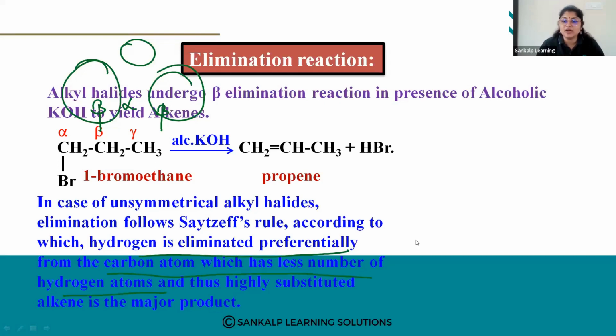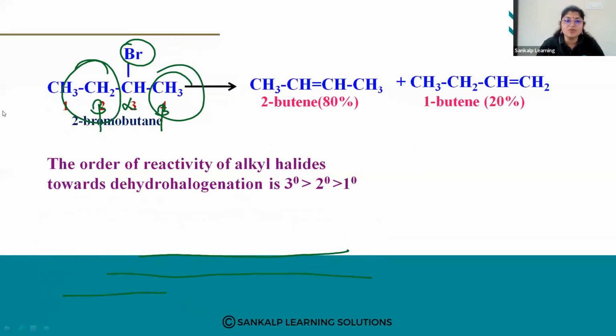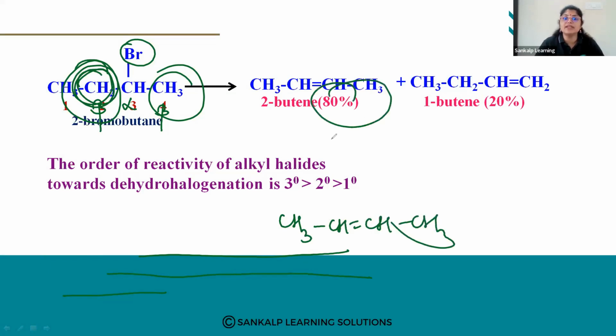Just apply the rule. It will be eliminated from this carbon and form the highly substituted product, CH3CH=CHCH3. The yield will be 80% and the other product will be 20%. So this is Saytzeff's rule.